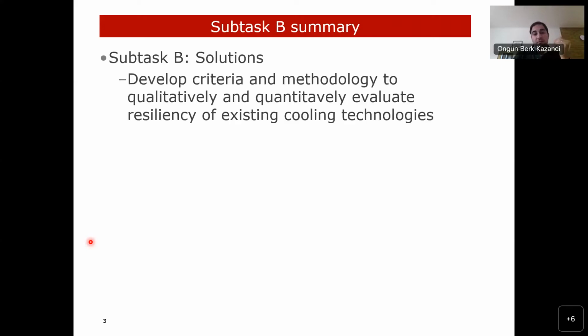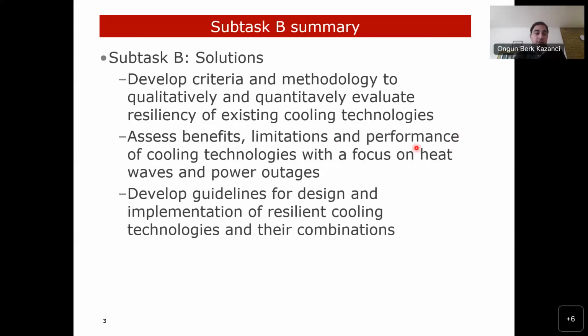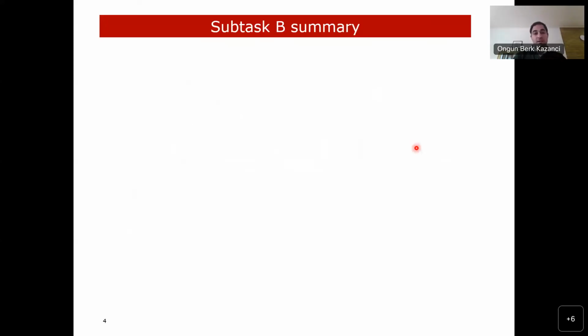So we have three main goals within the Subtask B. The first one is to develop criteria and methodology to both quantitatively and qualitatively evaluate the resiliency of existing cooling technologies. The second goal is to assess benefits, limitations, and performance of cooling technologies, but with a focus on heat waves and power outages. And then the third goal is to develop guidelines for design and implementation of resilient cooling technologies and their combinations.